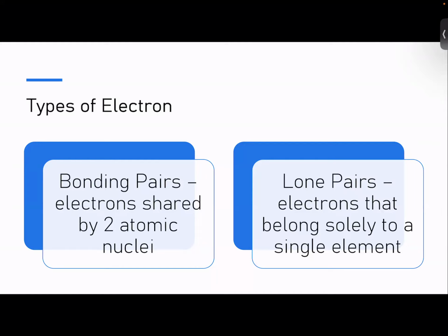Whereas the dots that still remained on the oxygen atom would be lone pairs, because the oxygen owns those electrons all by itself.